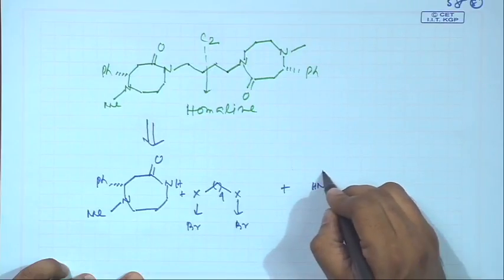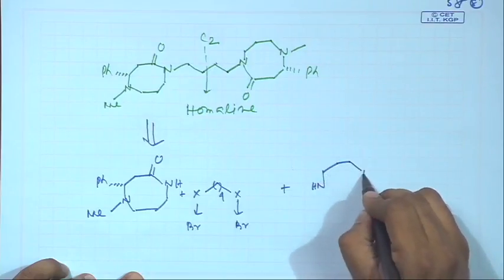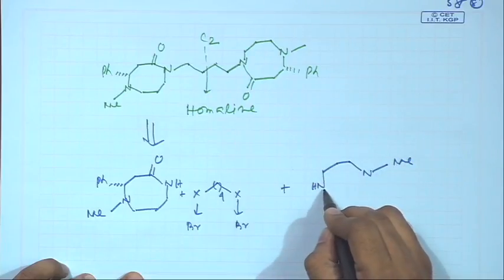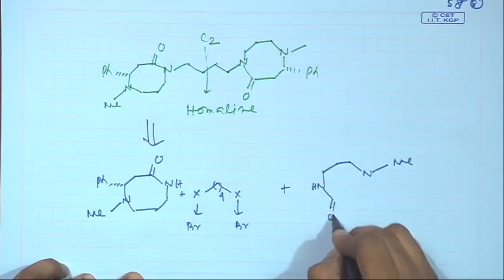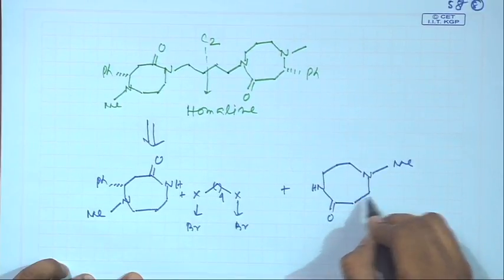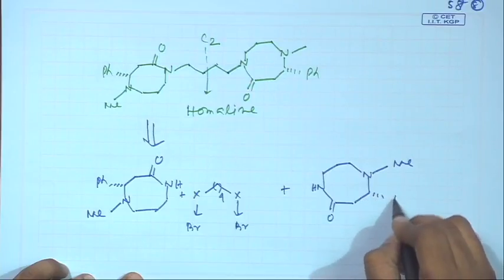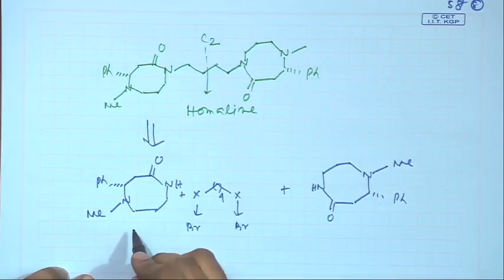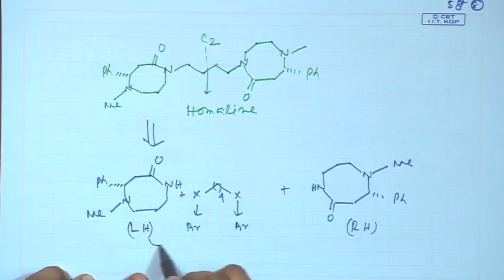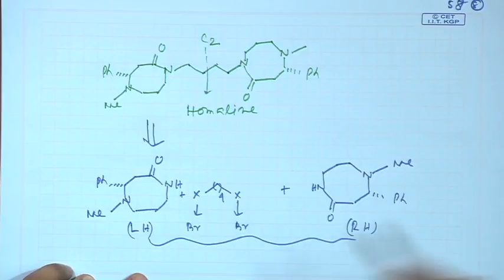Now, these compounds have the same sense of chirality. So, this strategic exploration through C2 symmetry was very useful. This left half and this right half are homochiral, or they have the same sense of chirality.